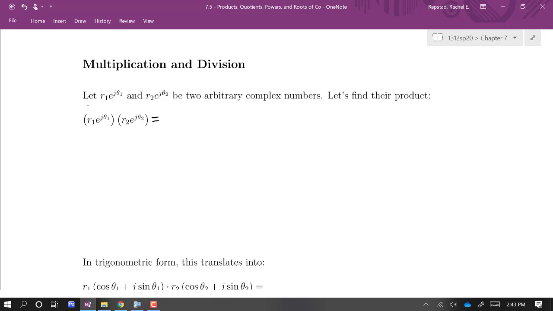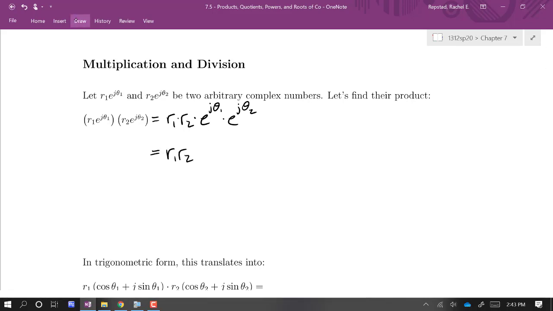I can rearrange this product in any order I want. So what I'm going to do is group the two r factors in front, r1 times r2, times the e raised to the power factors at the end. So e to the j theta 1 times e to the j theta 2. This is equal to r1 times r2.